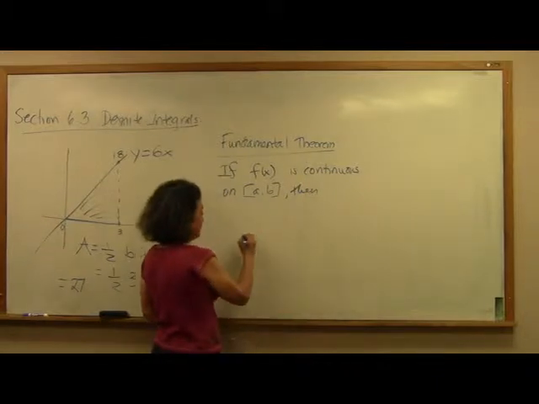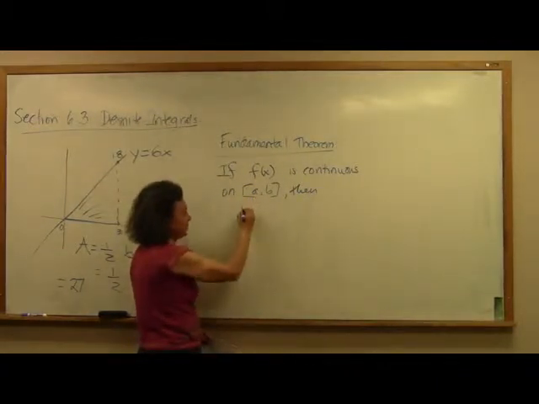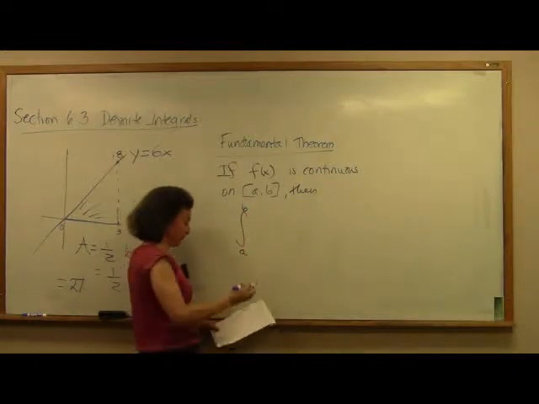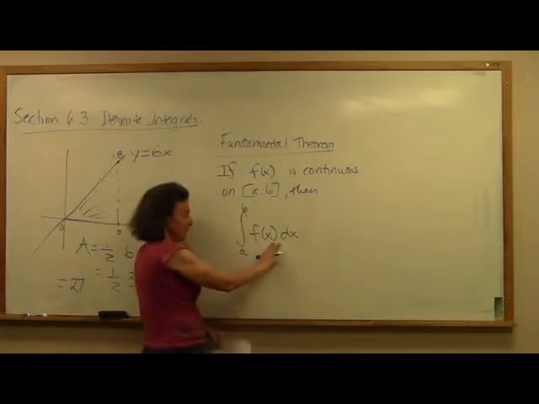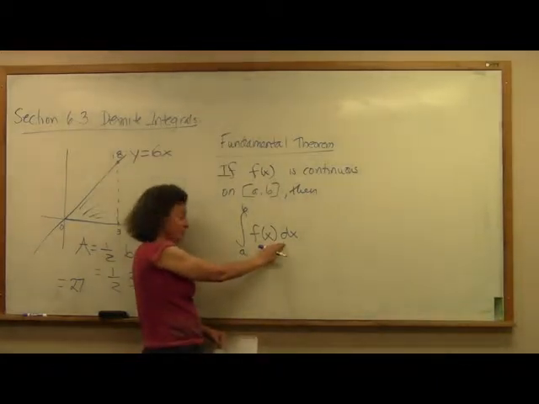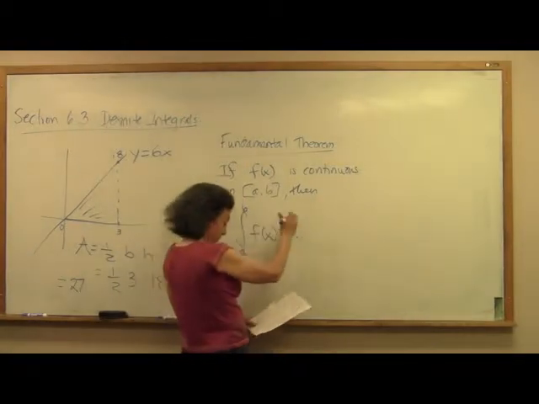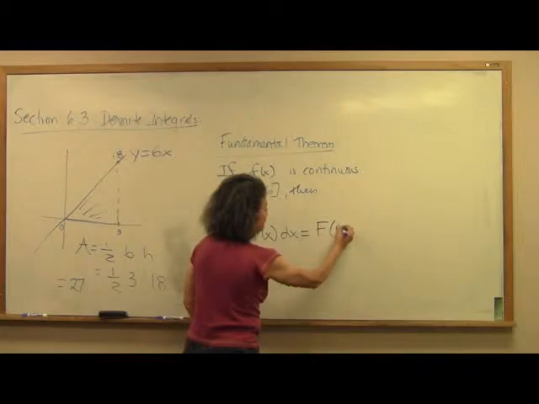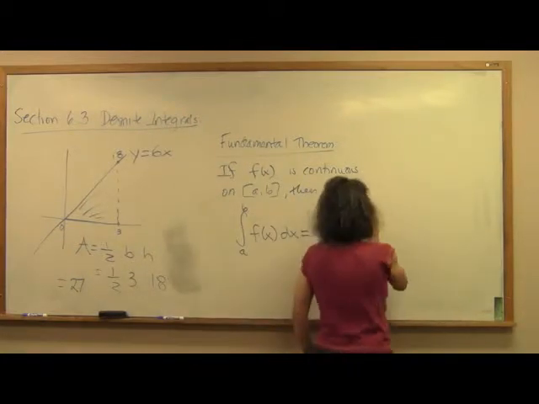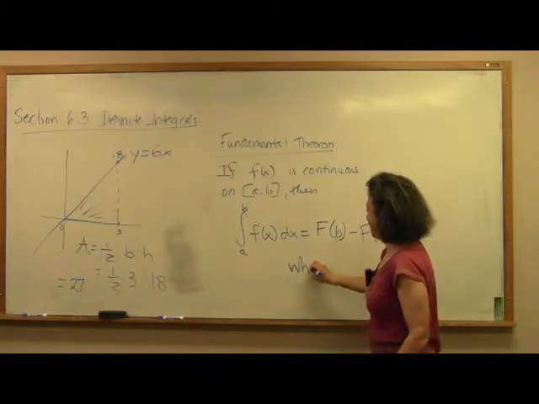then notice I'm computing an antiderivative, but now I'm putting these values a and b there. If I want to take the antiderivative of my function from one point to another, that's equal to my antiderivative evaluated at b minus my antiderivative evaluated at a.